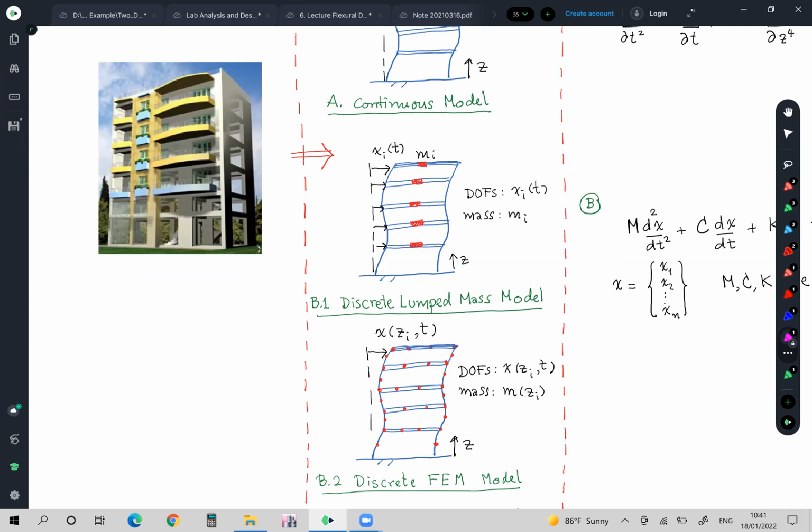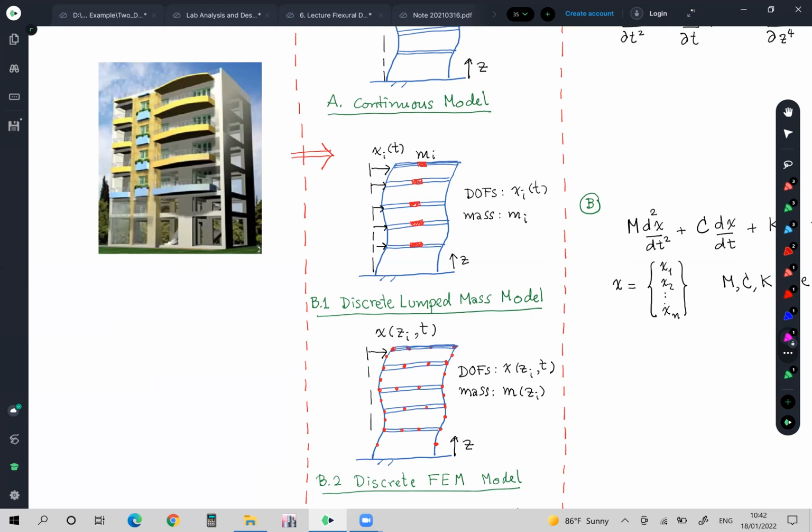Along the height of the building, I classify my X not as a function of Z anymore, just a function of time T. But I have many X, and I call it Xi along the height of the building. This is a discrete way of thinking. We digitize along the height of the building a certain location which we believe or think is important.